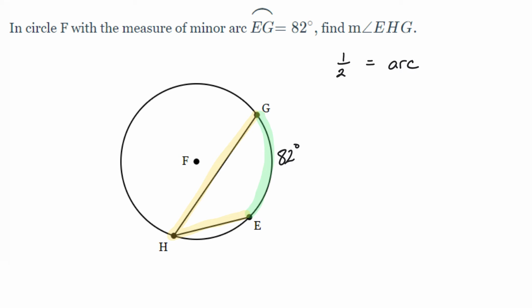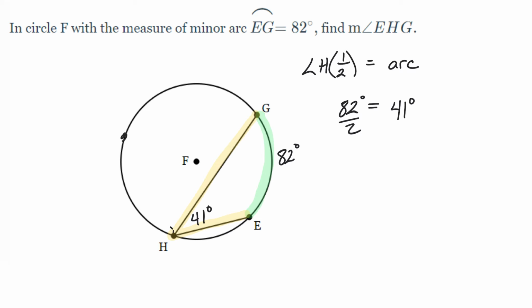So the angle times 2 is equal to the arc that it creates. Since our arc is 82 degrees, half of that amount would be the angle measurement, 41 degrees.